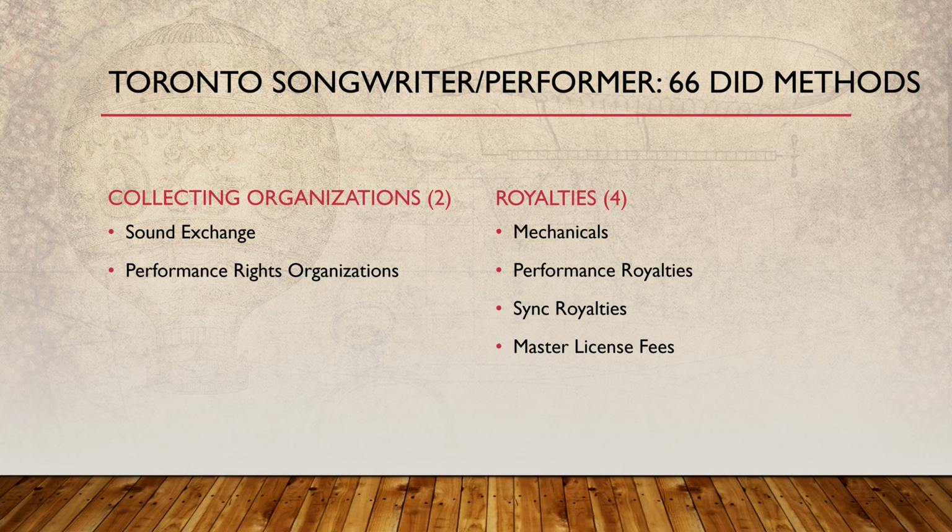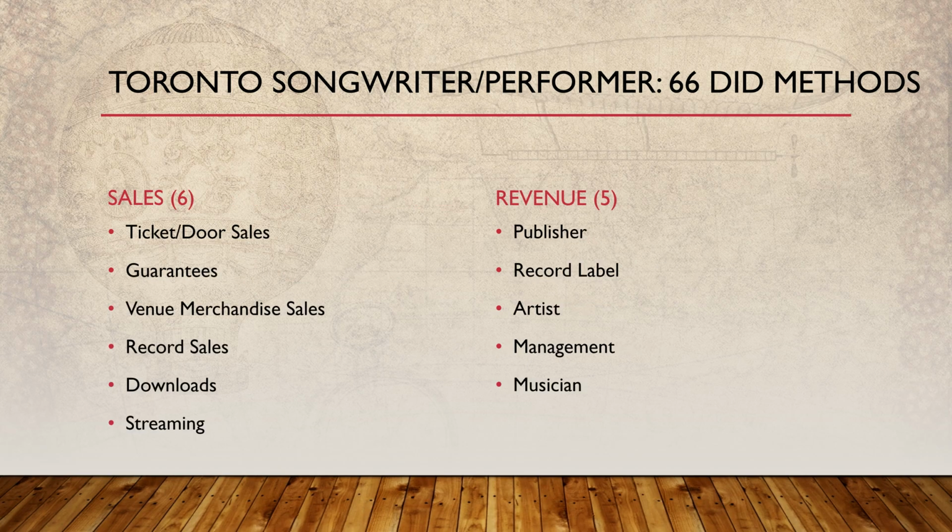There's possibly more. I'd actually asked the target songwriter performer to create his own mind map, so this is based on his understanding of what he does. Sales, 6 categories, 6 DID methods. Revenue, 5 possible, basically revenue consumers, if you want to think of it that way.